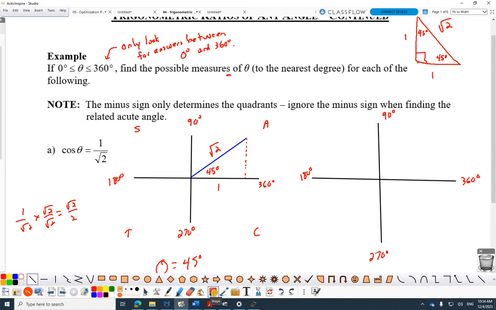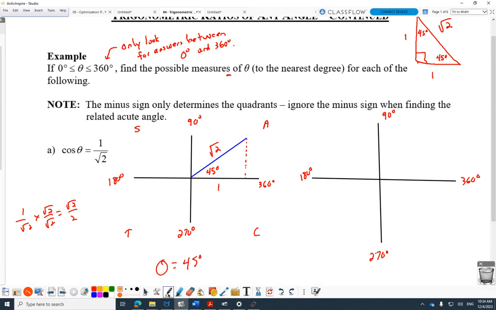Put the CAST rule on there. Maybe even make one of these papers up and make 45 copies of it. Sell it to your friends. Call it CAST paper. There. Now I'm ready to do trig. Yes? Once you have that, you are digging trig.